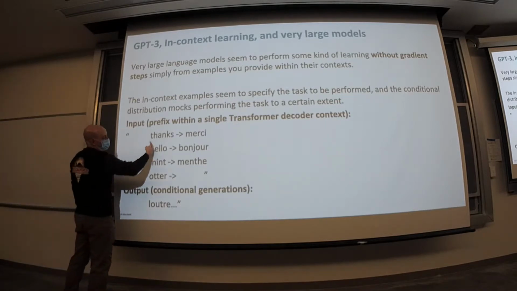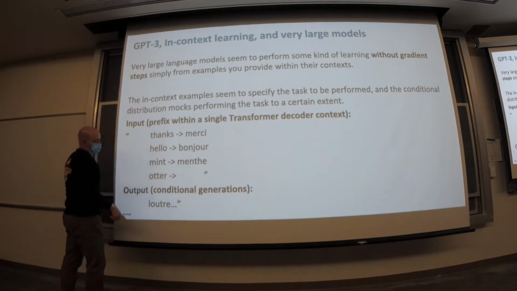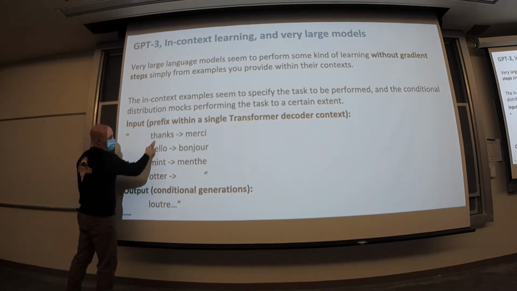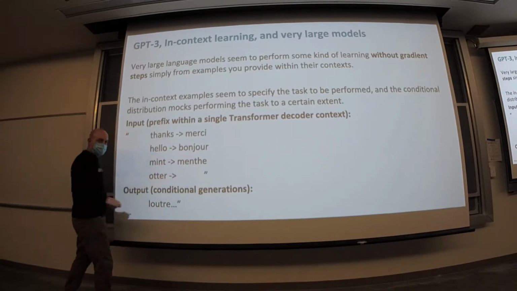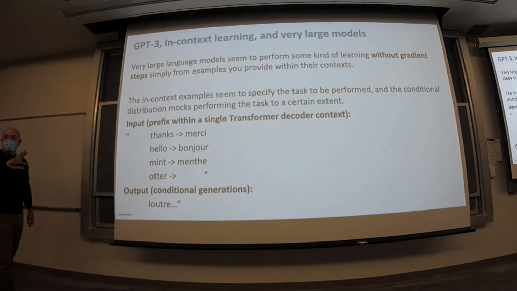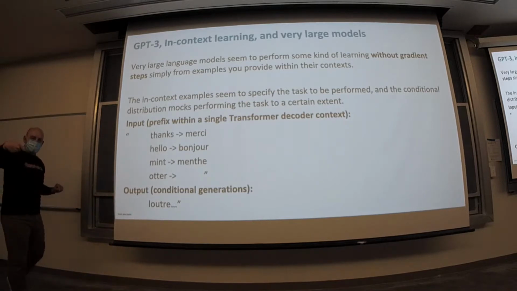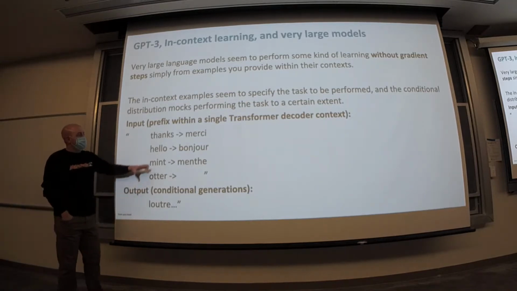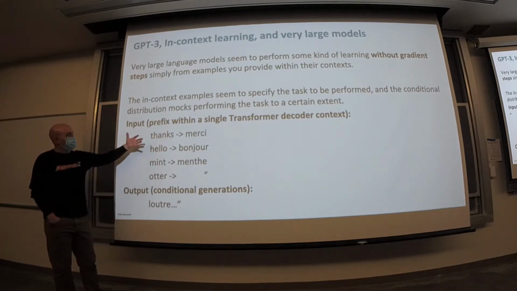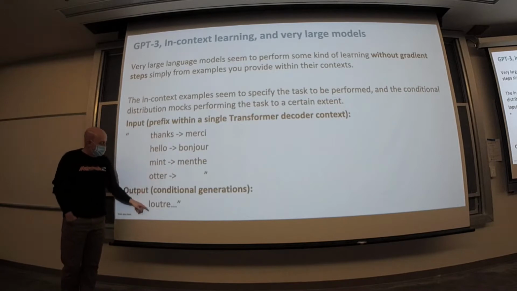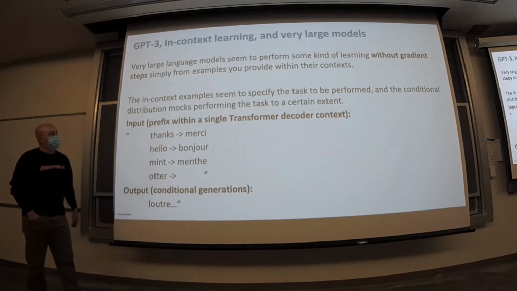But if you give an input that has this kind of structure to it, it has learned to figure out what the structure is and produce the French translation of whatever this word is right here. It's not part of the training objective at all. The objective again is just to produce the next token. But these things are so powerful; they have so many parameters, and that kind of training just works so well that it learns to do these kinds of things.